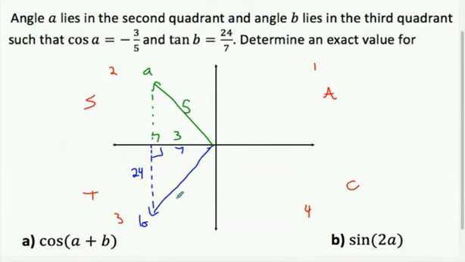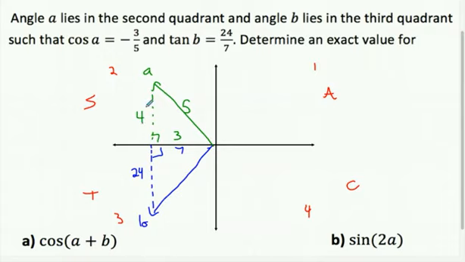Since I have two right triangles with two sides given, I could use the Pythagorean theorem to figure out the missing side. What I have here are Pythagorean triples actually. I could do 5 squared minus 3 squared, which would give me 16, and then the square root gives me 4.